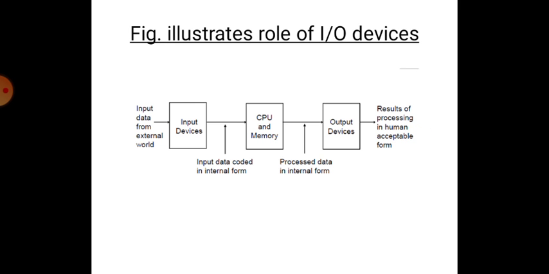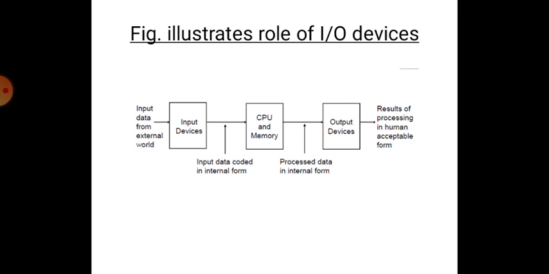Now this figure illustrates the role of I/O devices. In this figure, students, you can find three rectangles. The first rectangle is marked as input devices. The middle rectangle is marked as CPU and memory, and the right rectangle is marked as output devices.